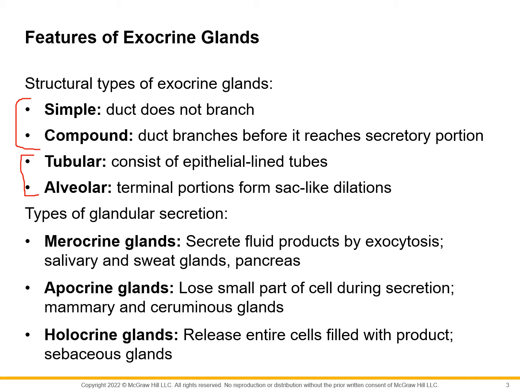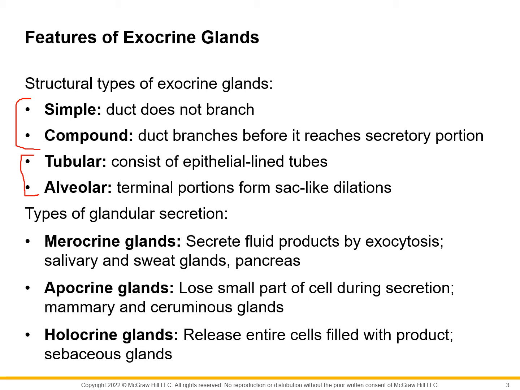So simple and compound describes the ducts. This is going to be either one or branched. And then tubular or alveolar are going to describe the look of the area that is doing the secretions. It's either going to be a tube or a balloon-looking thing. And then the types here, merocrine, apocrine, holocrine.